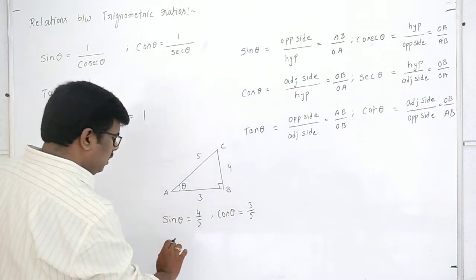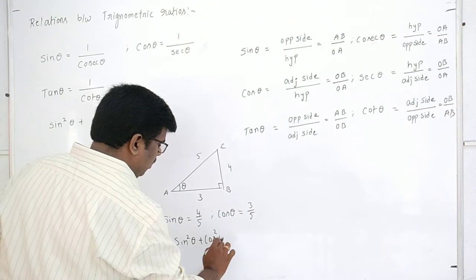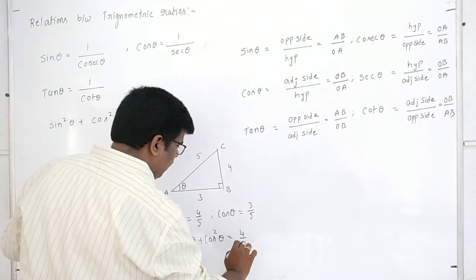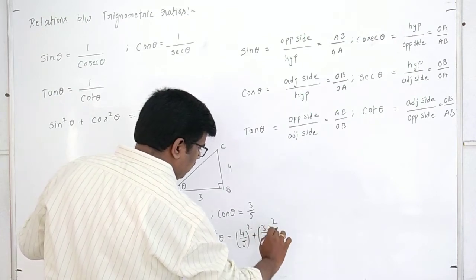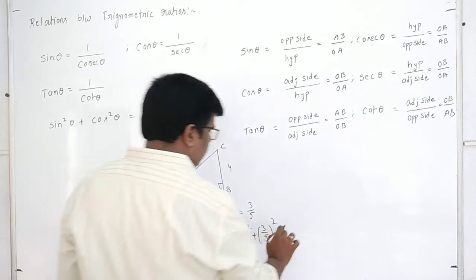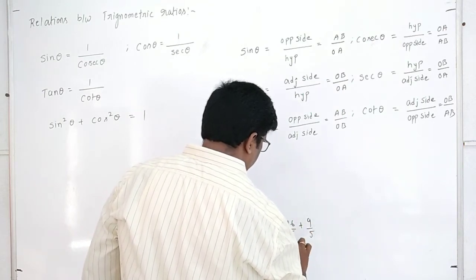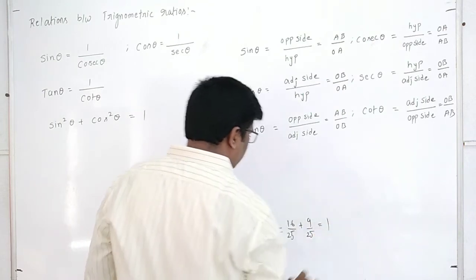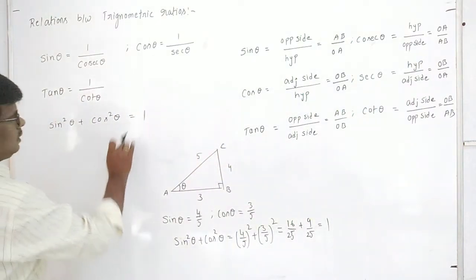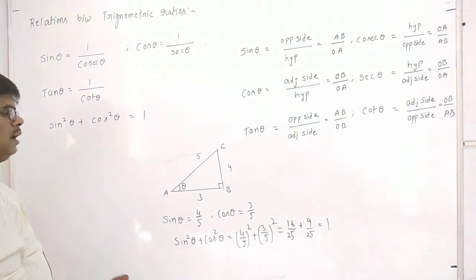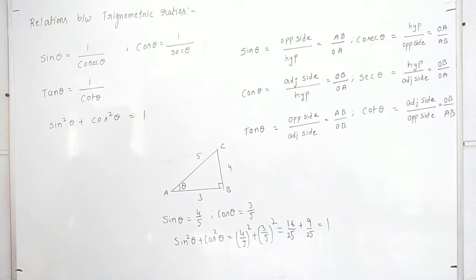Then sine square theta plus cos square theta is 4 by 5 whole square plus 3 by 5 whole square, then what you will get? 16 by 25 plus 9 by 25, that is 25 by 25, which is 1. So sine square theta plus cos square theta is nothing but 1. You can understand that relation from the triangle also.